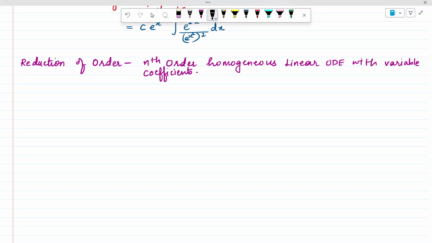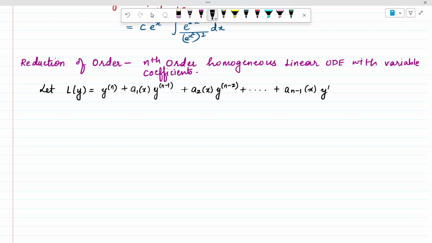So let's say we have this L of y is the required ODE, which has nth order derivative plus a1 of x n minus 1th order derivative, plus a2 of x n minus 2th order derivative, and you will have an minus 1 of x with y dash and an of x with y.